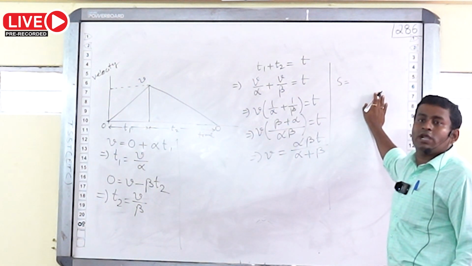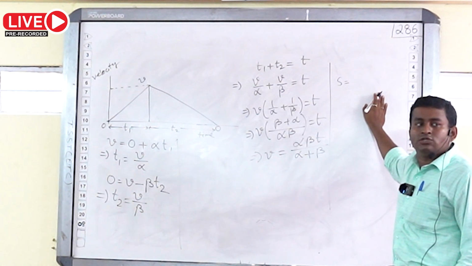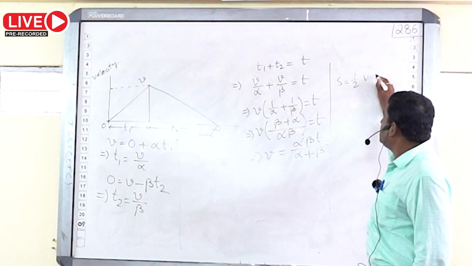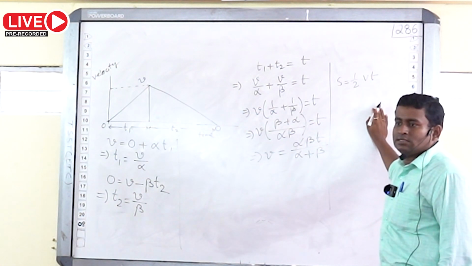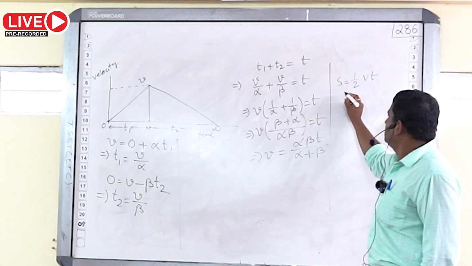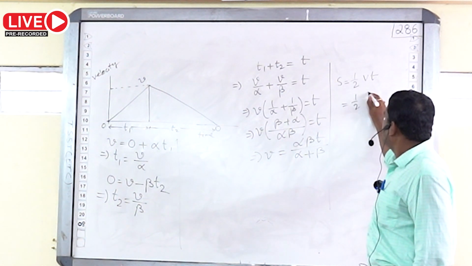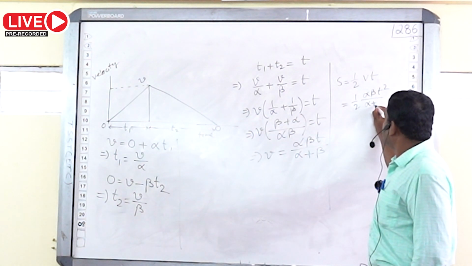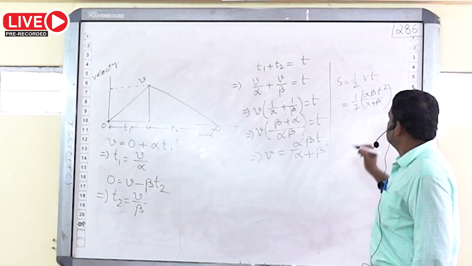What is the formula for the area of a triangle? Half into base into height. So here, half, height is v, base is t, so it is just half vt. Put the value of v, it will be half alpha beta t square by alpha plus beta. That is the answer.